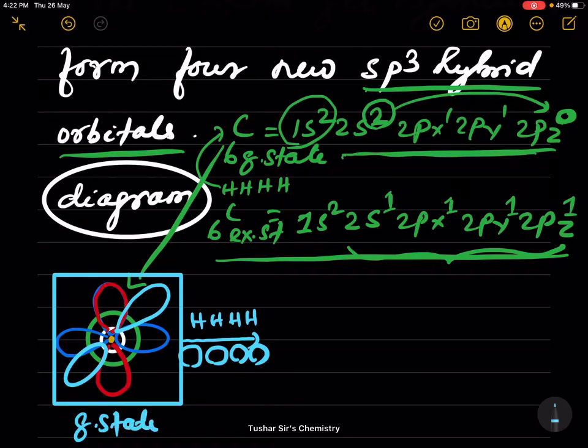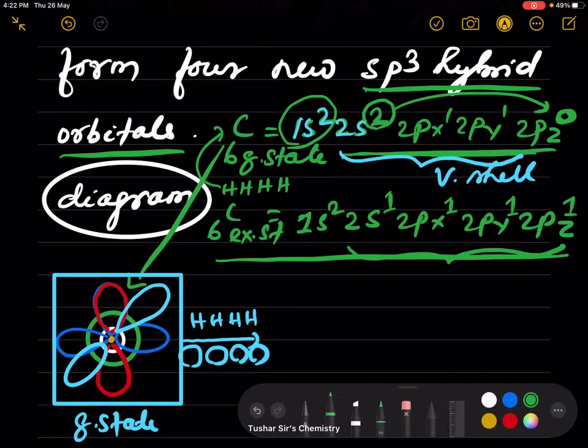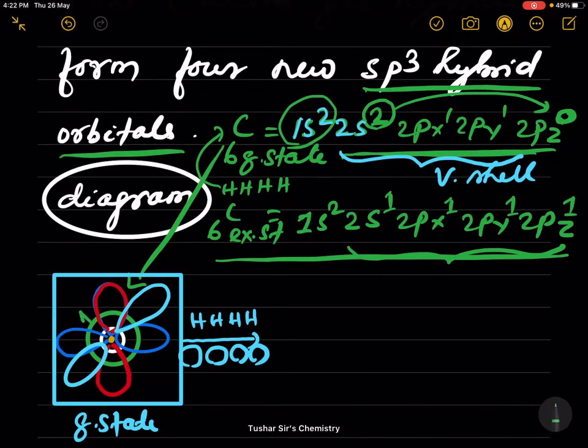In the excited state, 1s will not take part in hybridization. 2s, 2px, 2py and 2pz are present in the valence shell, and they take part in hybridization. Here the green color 2s is like this, and it will become like this. The nucleus is at the center. I have made it yellow in the ground state, so let it be yellow.